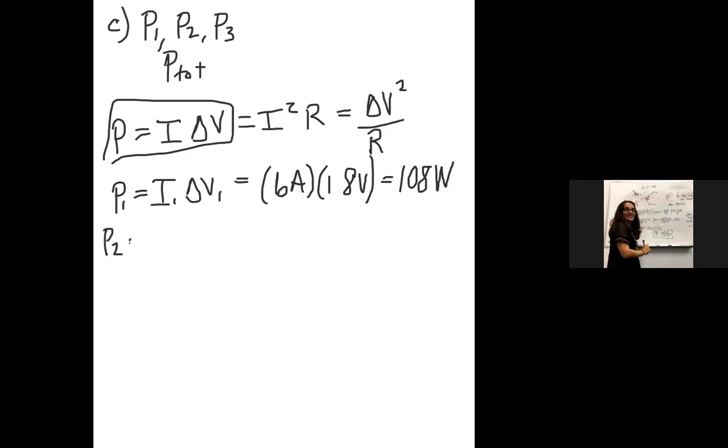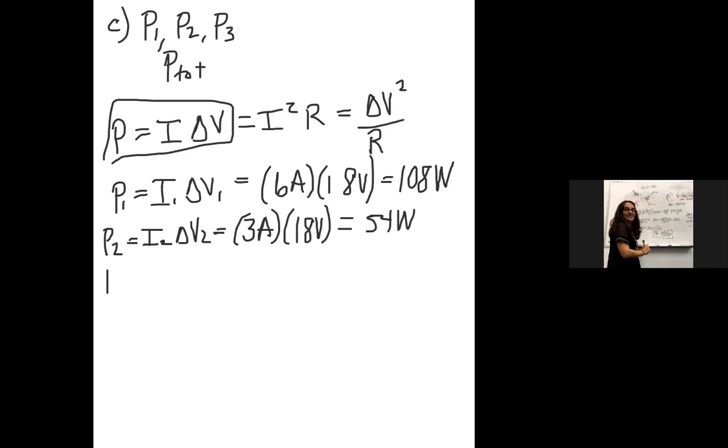My second bulb has I2 delta V2. So that's going to be 3 amps with 18 volts. So that is 54 watts.